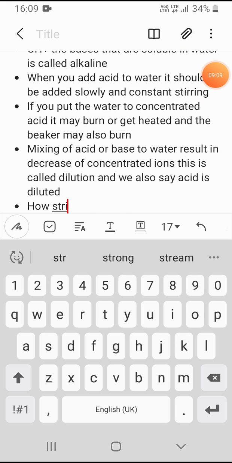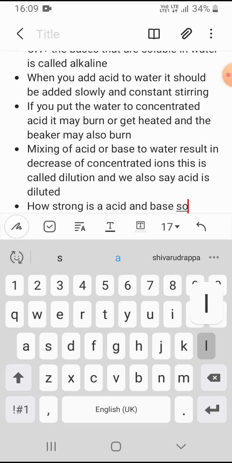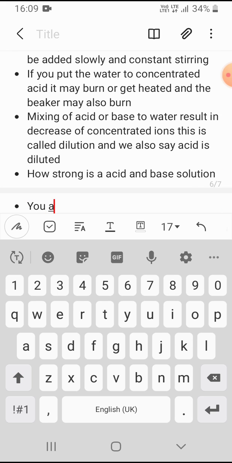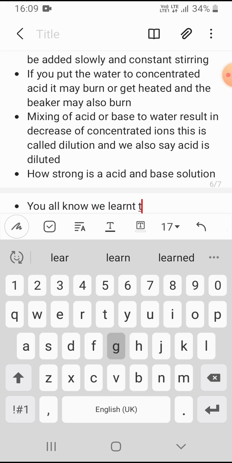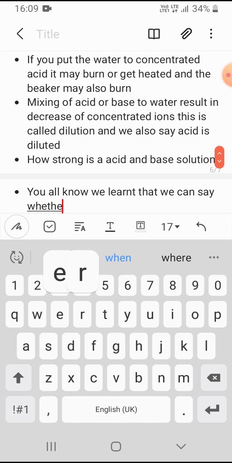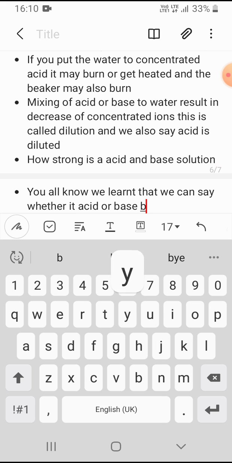Next is how strong an acid and base solution is. We learned that we can say whether it is acid or base by litmus paper or other things.